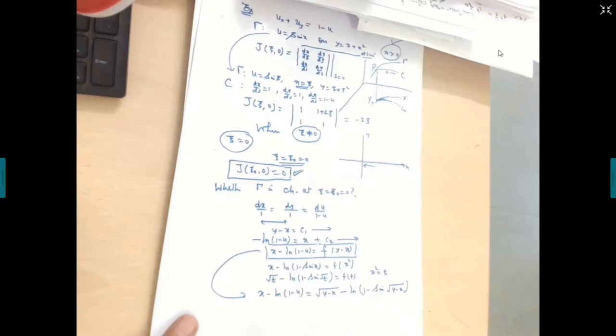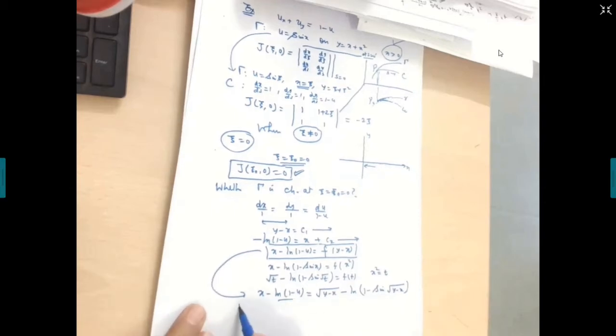Transposing this term to the right, I can write ln of 1 minus u divided by 1 minus sin of square root of y minus x is equal to x minus square root of y minus x.